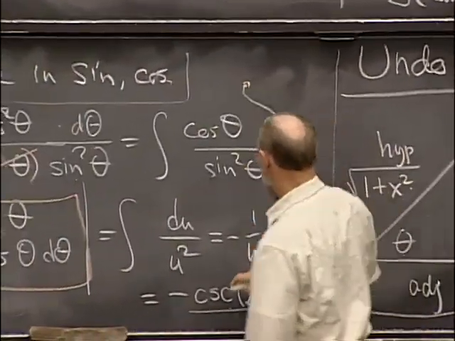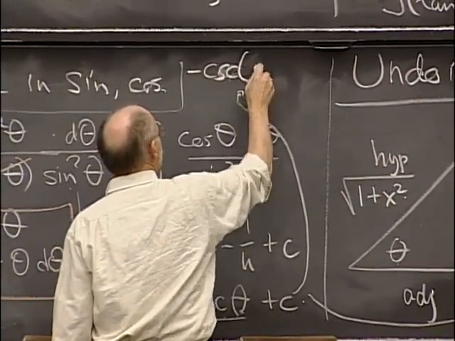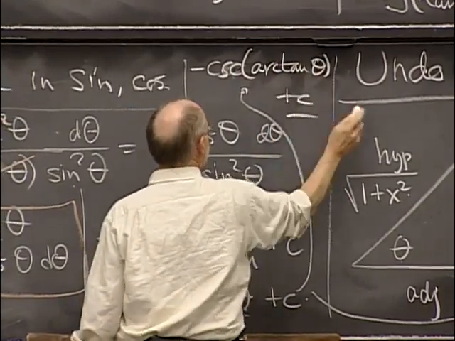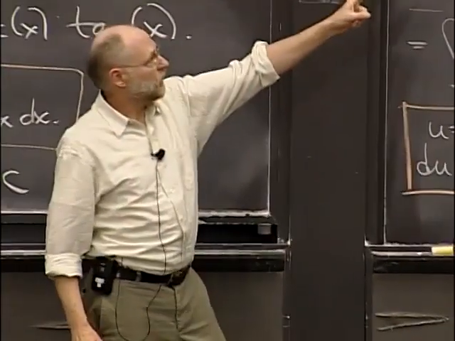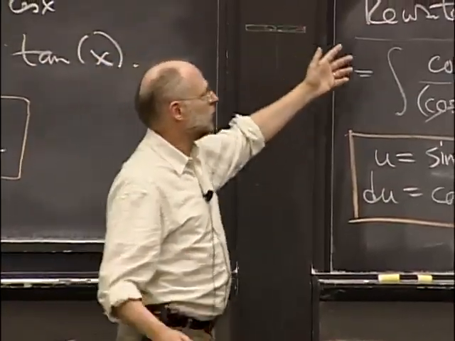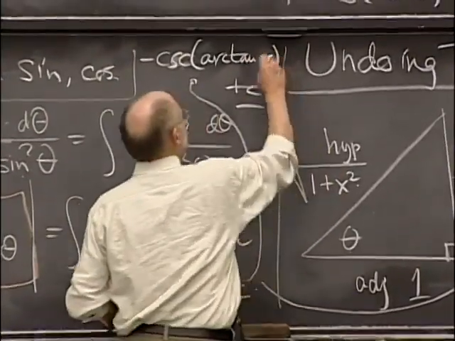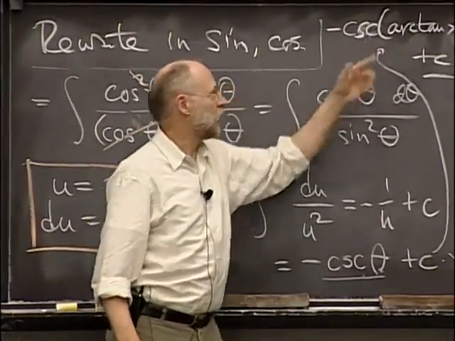I should have said this is minus the cosecant of the arctangent of x plus a constant. The most straightforward thing you can do is to say, since x is the tangent of theta, that theta is the arctangent of x. And so let's just put in theta as the arctangent of x, and that's what you get.